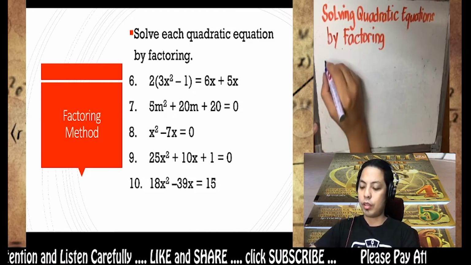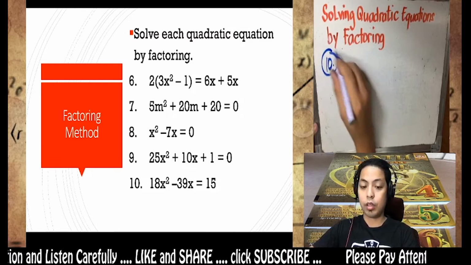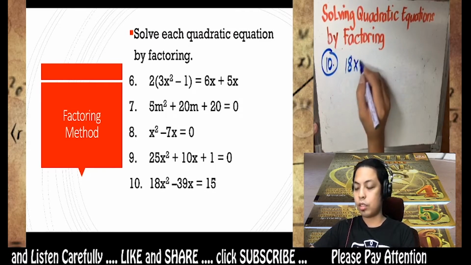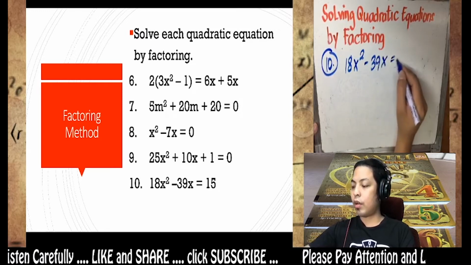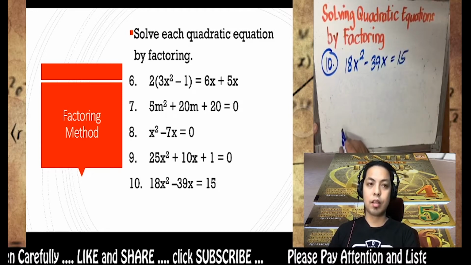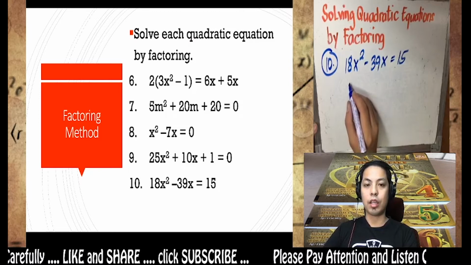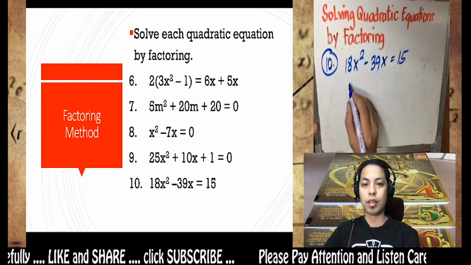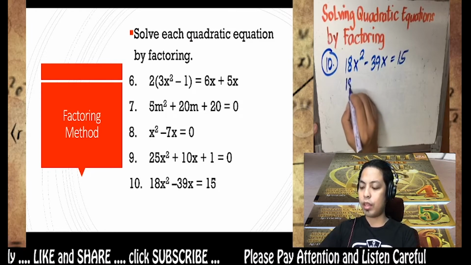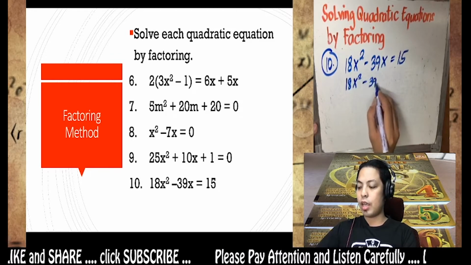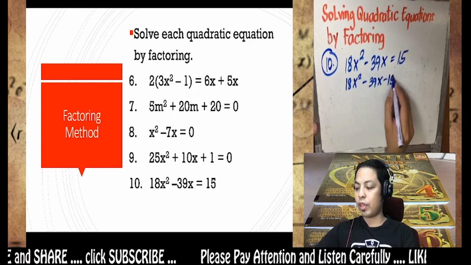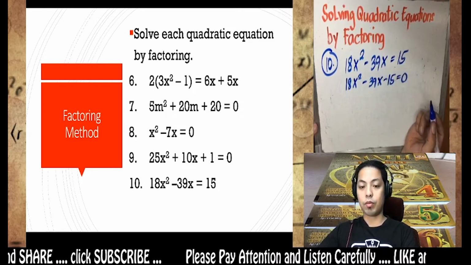Okay, number 10. We have 18x squared minus 39x equals 15. Arranging this in ax squared plus bx plus c is equal to 0, we have 18x squared minus 39x minus 15 equals 0.